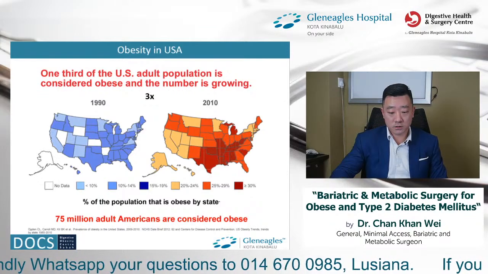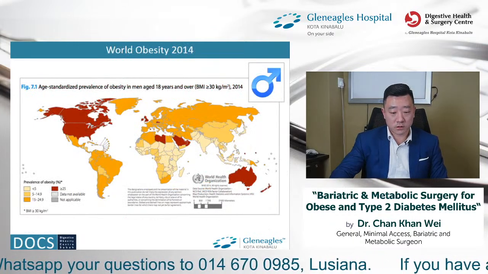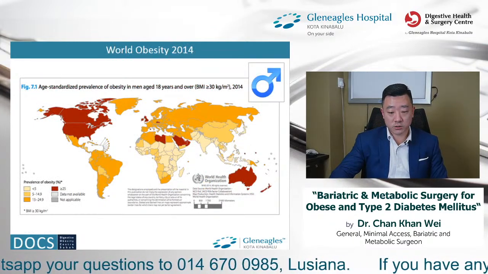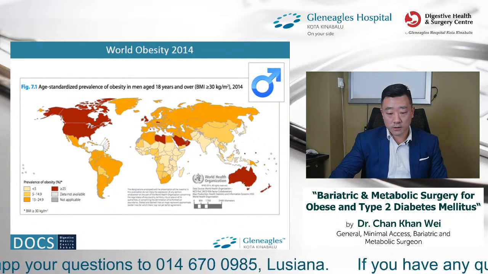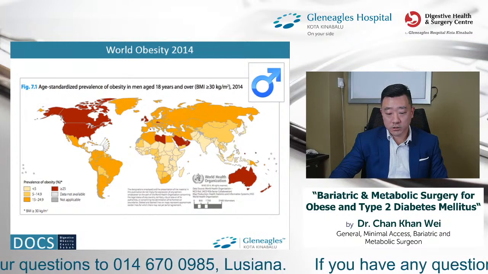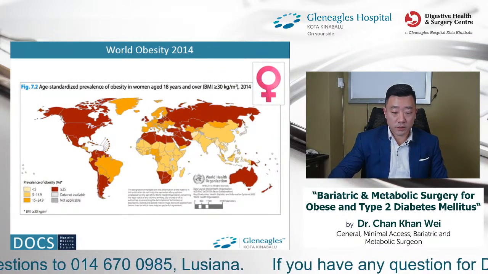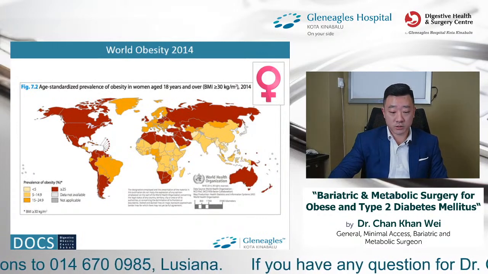And this condition is not only found in the first world like the United States, but throughout the world, all the way to the Middle East, Asia, even Australia, and we found the prevalence is even higher among the women population.